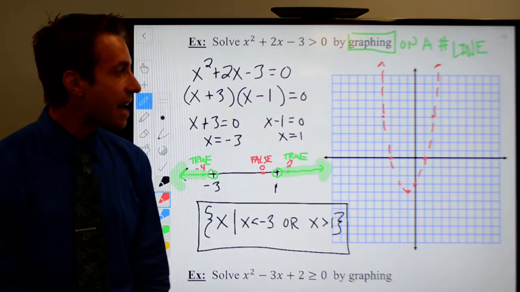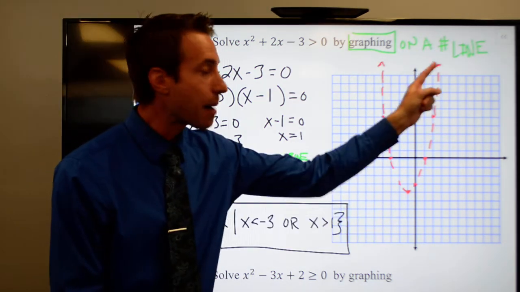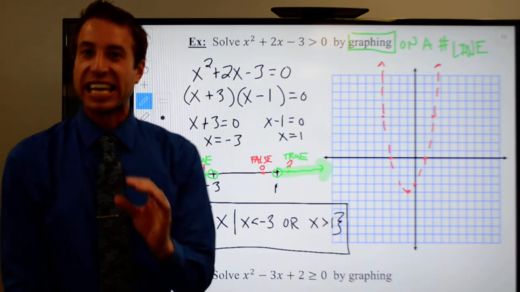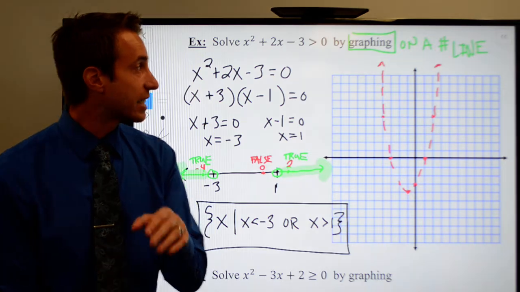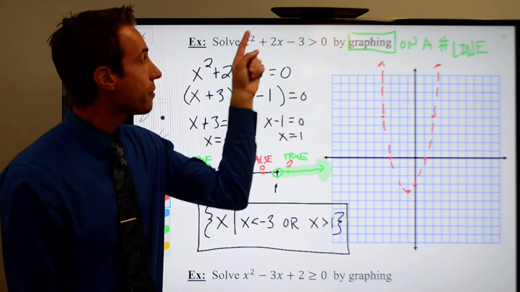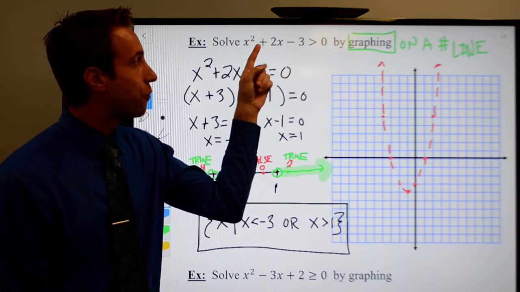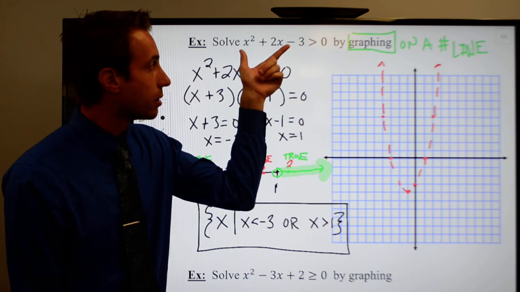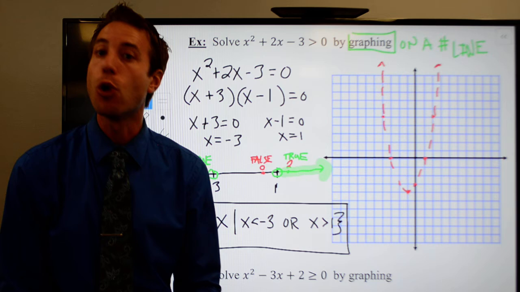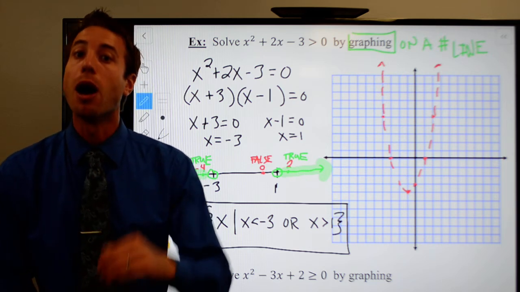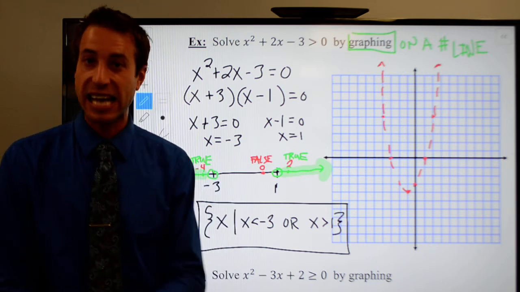Okay, now that I have graphed my parabola, here's what they're asking you to do. They want you to find all of the values for which the parabola is greater than 0. They want to know where the parabola is above the x-axis.